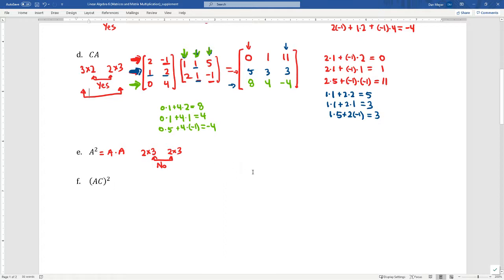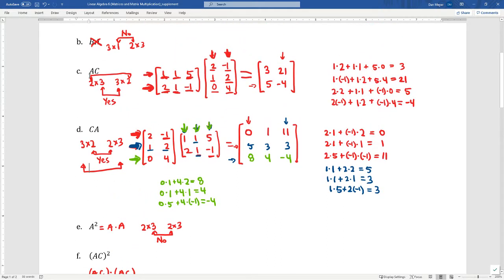In F, we're looking at AC squared. So that's taking the matrix AC times the matrix AC. This is the matrix that we found in part C. It's a 2 by 2 matrix.